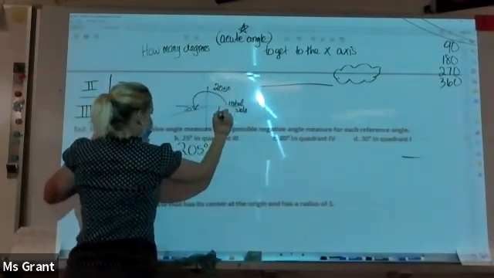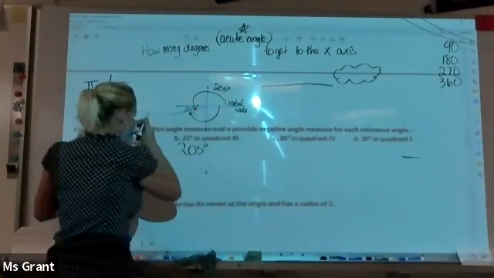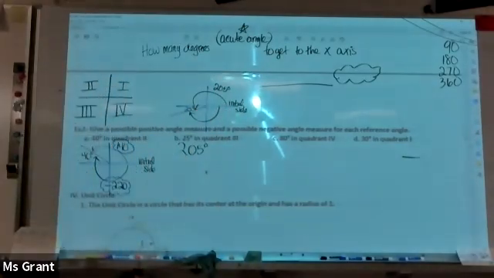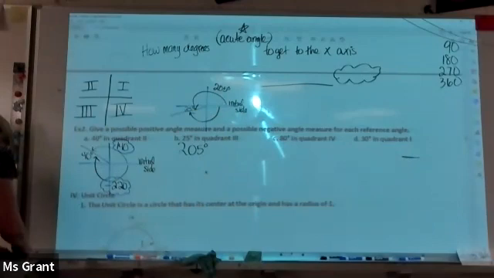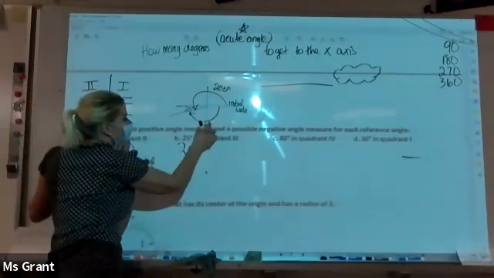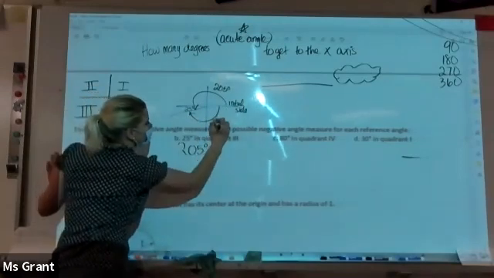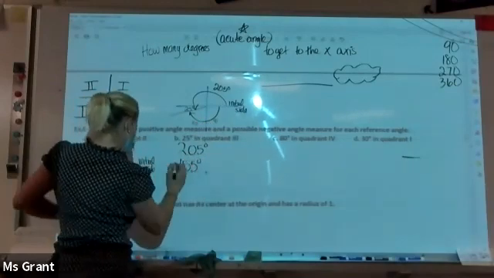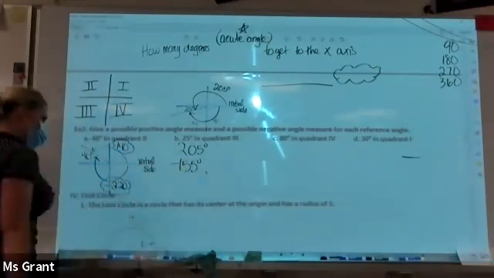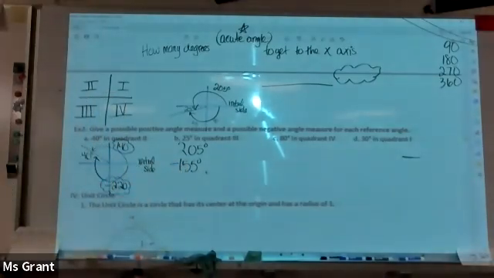Then what's that? 90 plus 65, right? 90, and then 65 more right here. Negative 155 degrees, yeah? You see I'm getting these?